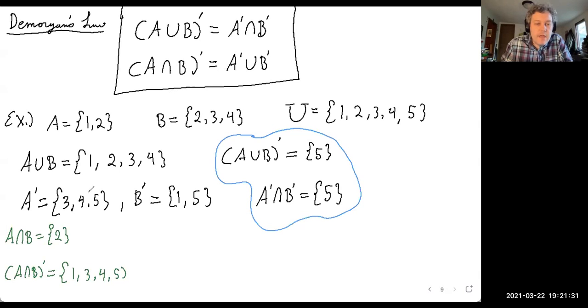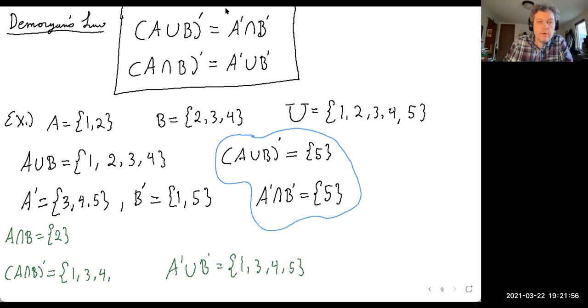And we already have A complement and B complement already listed there. So if we union those, and that's what this right-hand side is talking about. So A complement union B complement is just the union of these. So we can see that that's going to be 1, 3, 4, and 5. And we see that, yeah, they do equal each other. These are the same thing.